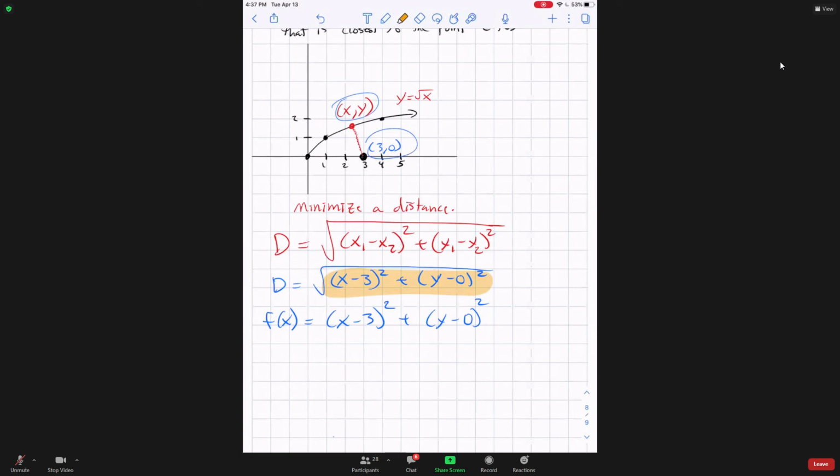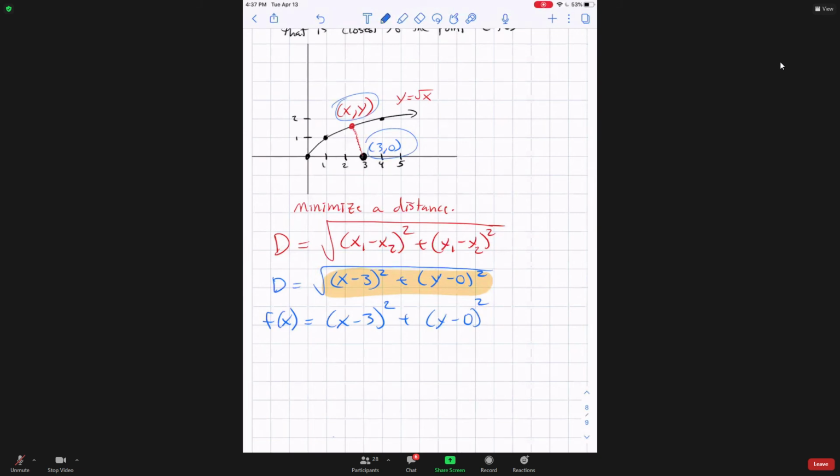Because f of x is what's inside the radical. If that gets minimized, well, the radical gets minimized. So there's no reason to deal with the radical. You see the trick that I did there? Well, whether you saw it or not, I'm doing it.